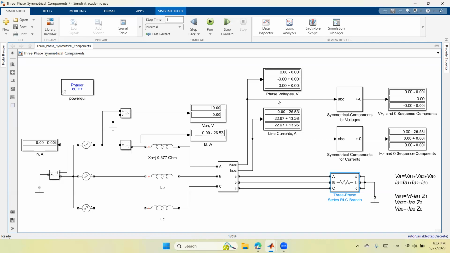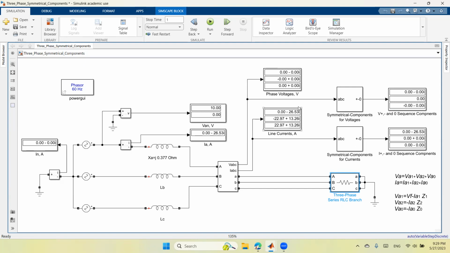If we look at the symmetrical components of the voltage, since we have symmetrical fault conditions, we don't have any negative or zero sequence. And since the voltage at the fault location is equal to zero, the positive sequence of the voltage is equal to zero. Here is a little bit different.